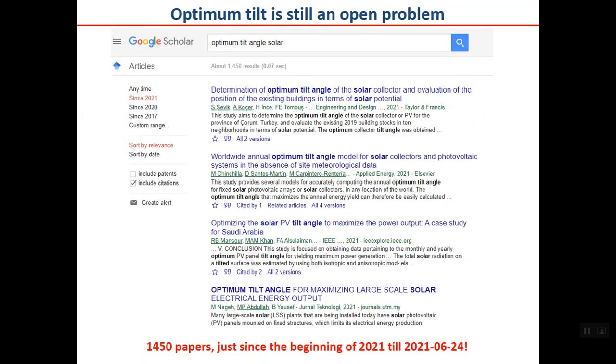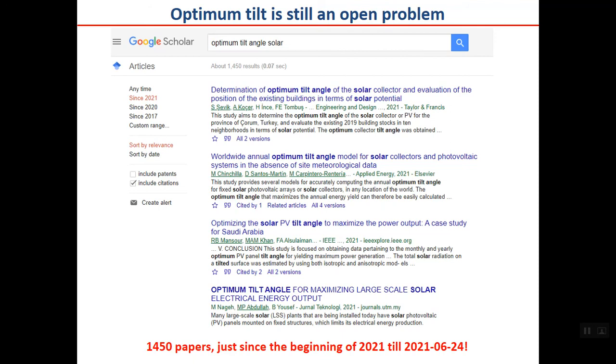The interesting point here is that I just checked today, and you can see that since the beginning of 2021 till the 24th of this month, there are nearly 1,500 papers about the optimum tilt angle. So this is still an open problem.